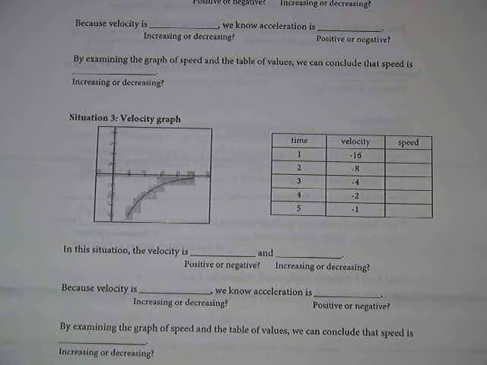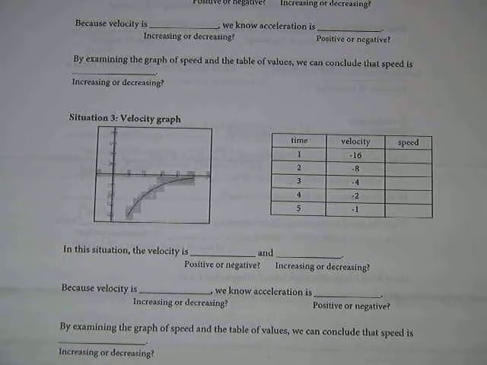Okay. So in a graph like this, it says the velocity is, first one is positive or negative. Negative. So velocity is negative and increasing. That would be this picture.